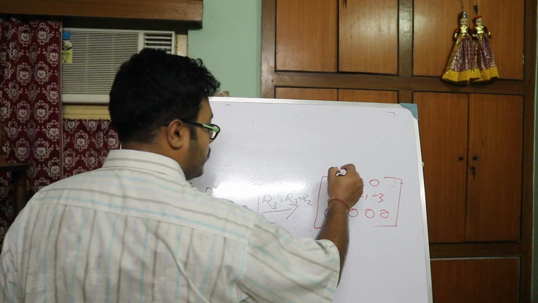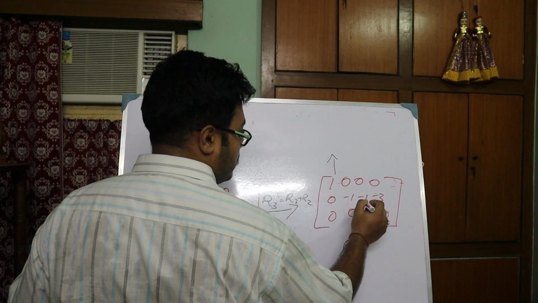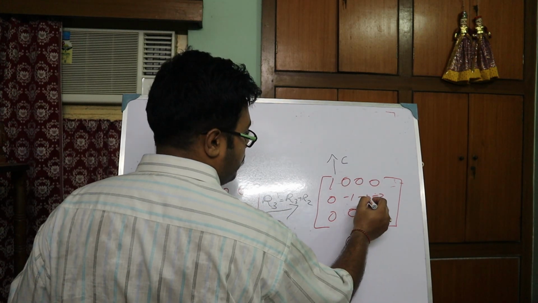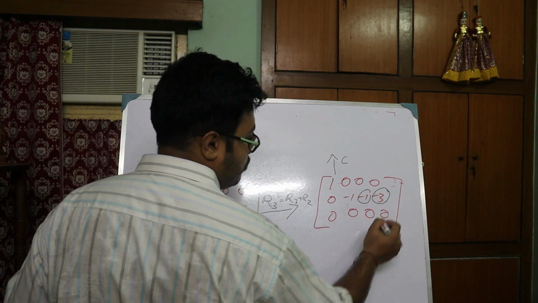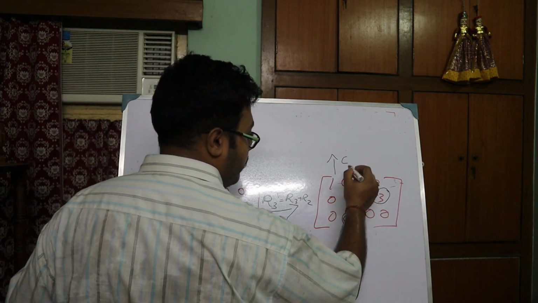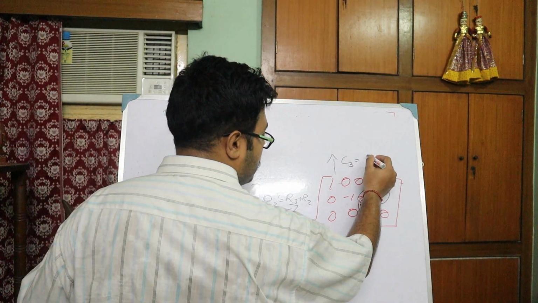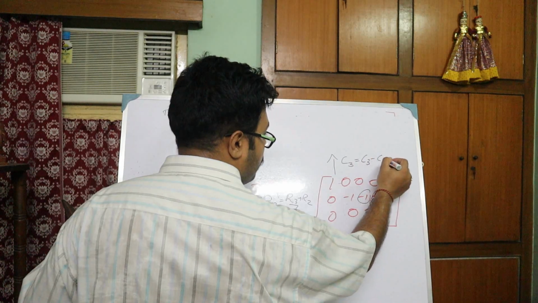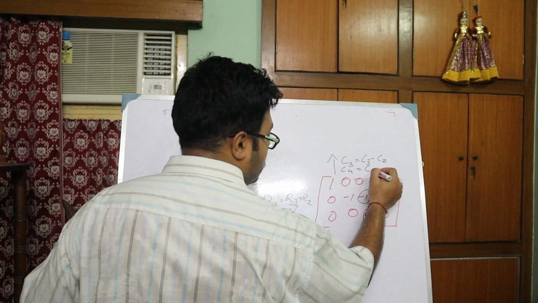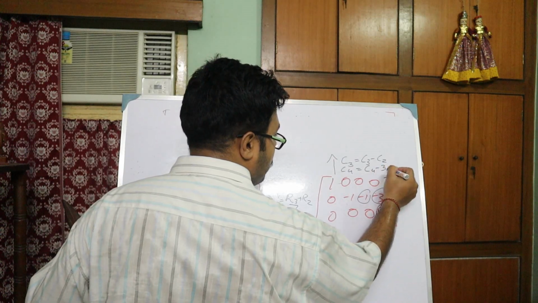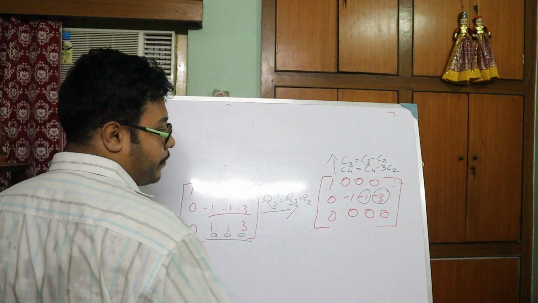To do that, we again have to turn these elements into 0. This element and this element, we have to turn into 0. How can we do it? C3 dash is equal to C3 minus C2, and C4 dash is equal to C4 minus 3 into C2. Did you understand how I got it?